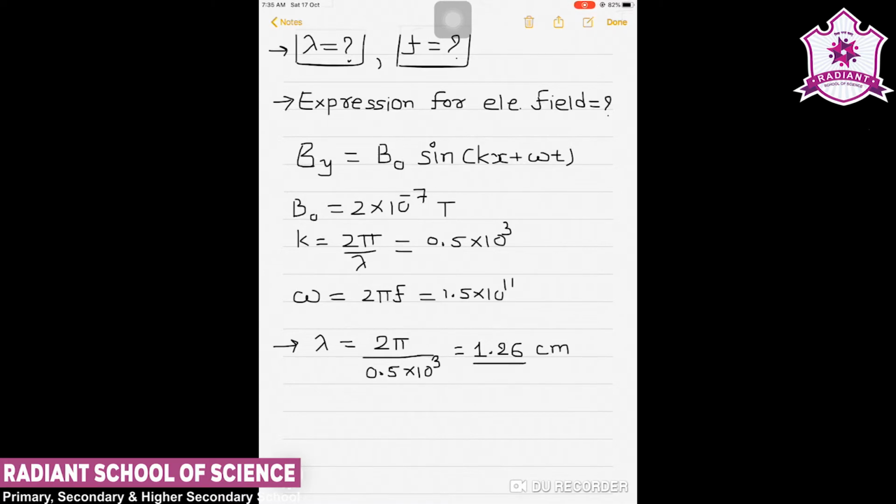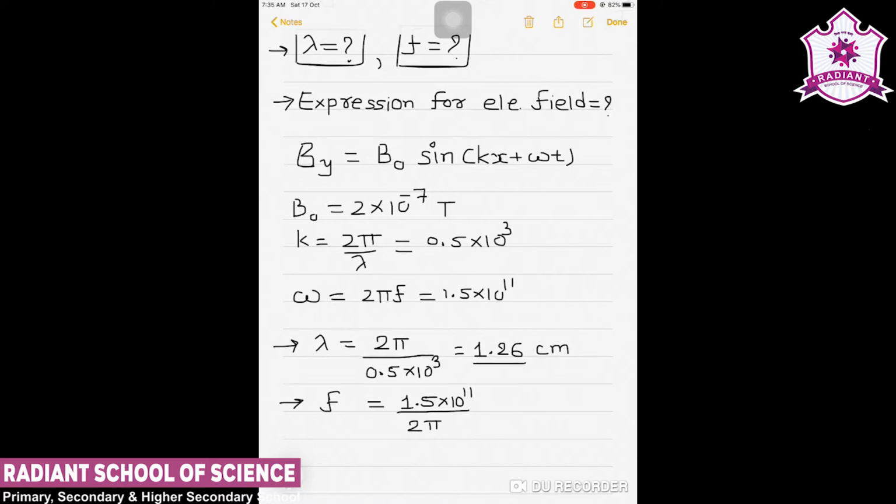In the same manner, to find the frequency f, f equals 1.5 into 10 raised to 11 over 2 pi.